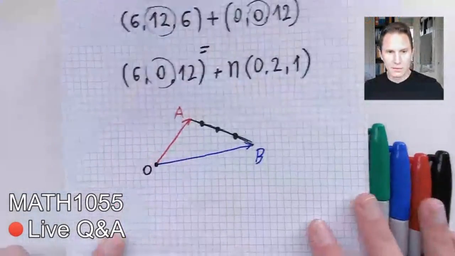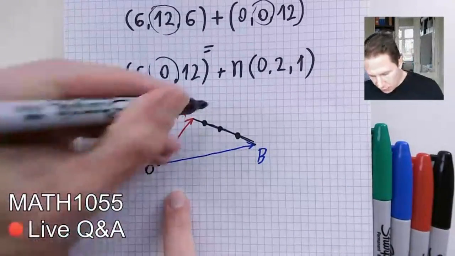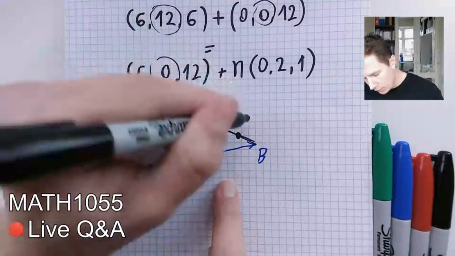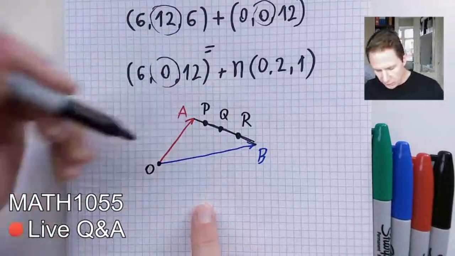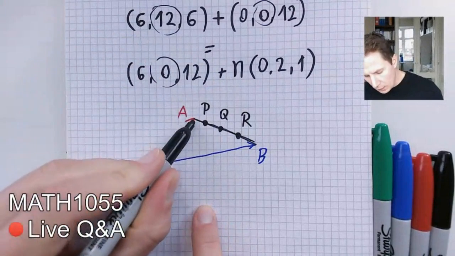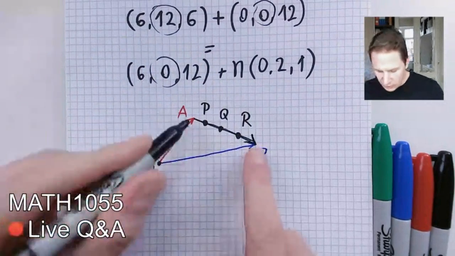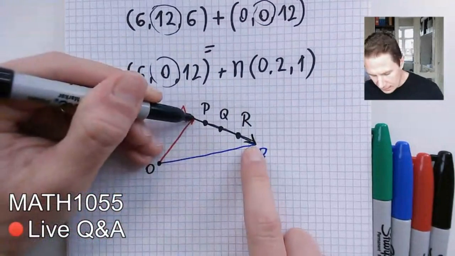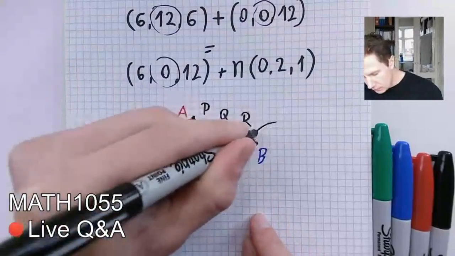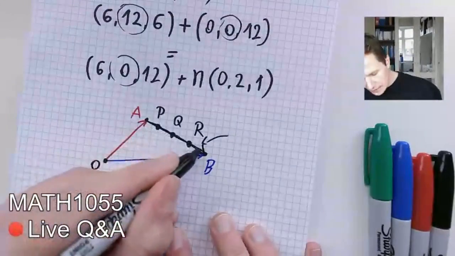Here we have a similar drawing, and in order to get to P or Q or R, we have to go from O to A and then go along this line some distance.